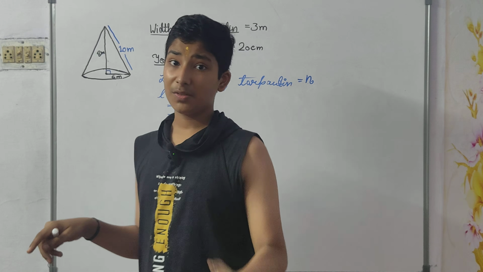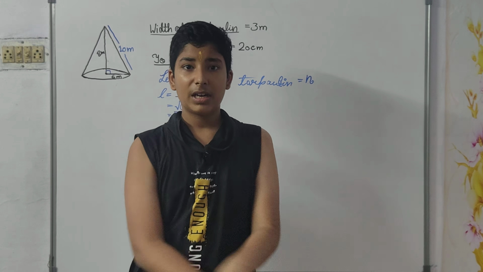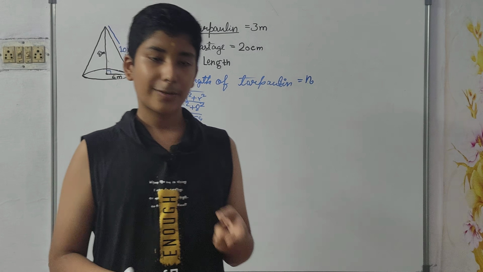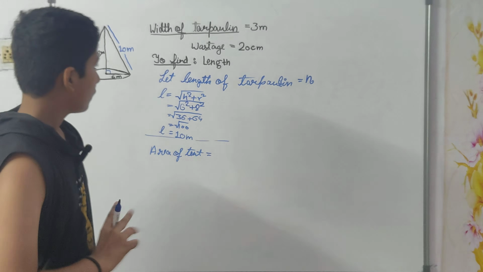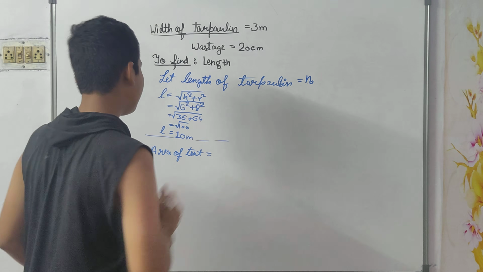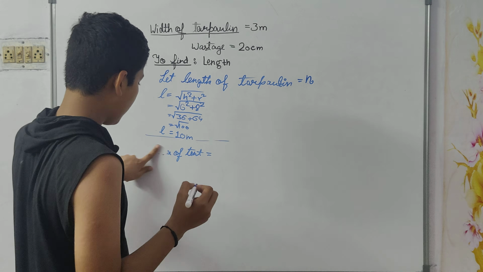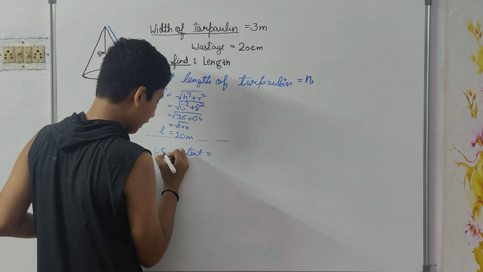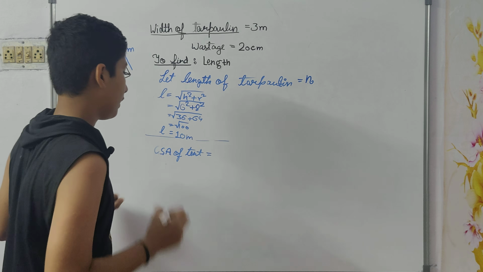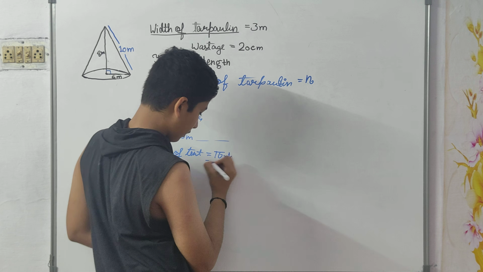No, you will not cover it with tarpaulin. You will just cover it with any cloth. It will not be a part of the tent. So that's why we just take the curved surface area. So instead of area we can write CSA of tent equals to pi r l.